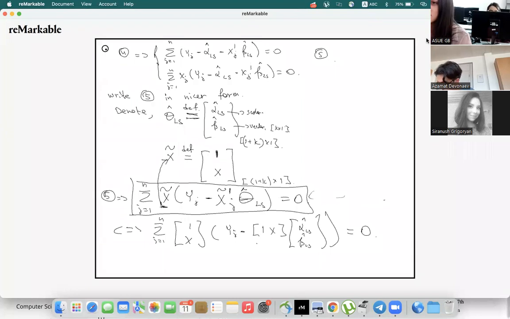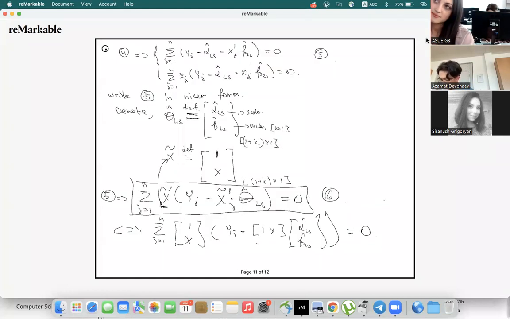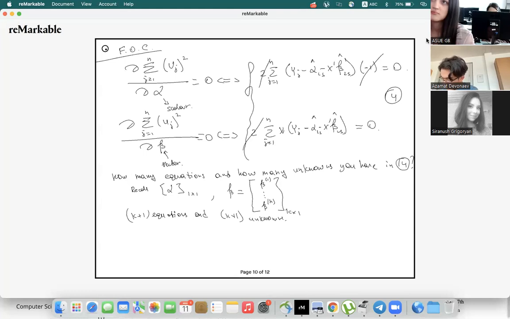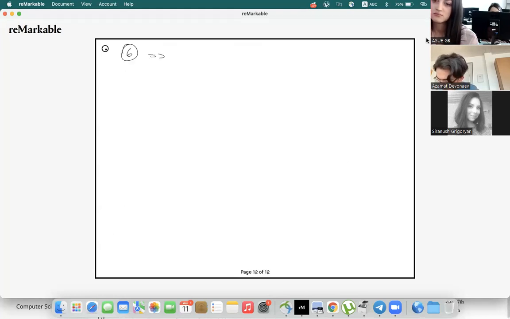Let me take the equivalence form. Now 6 is basically a system. I can open the brackets. It will be like this.